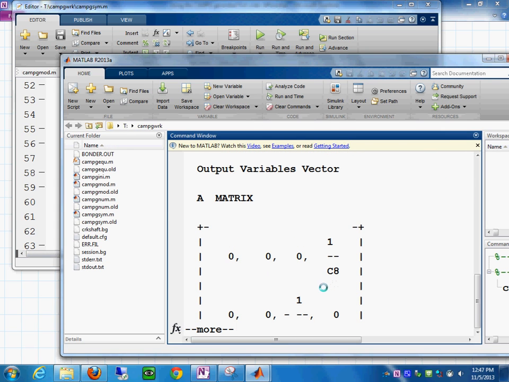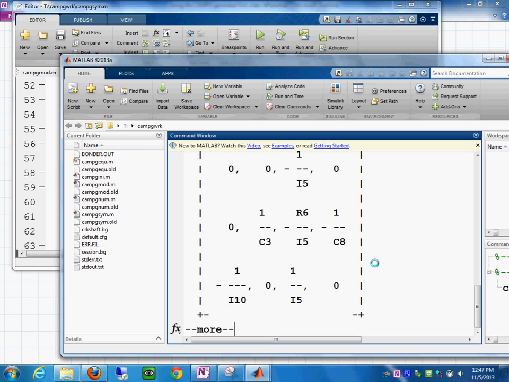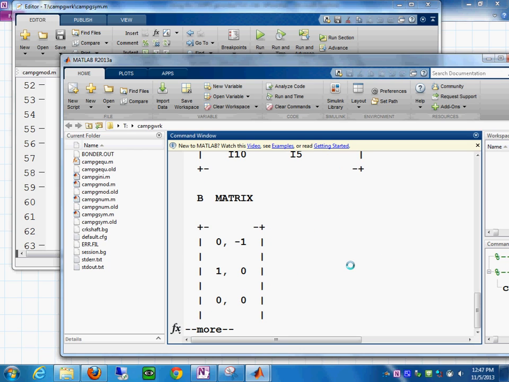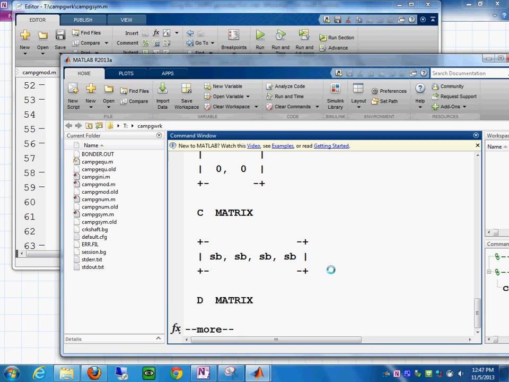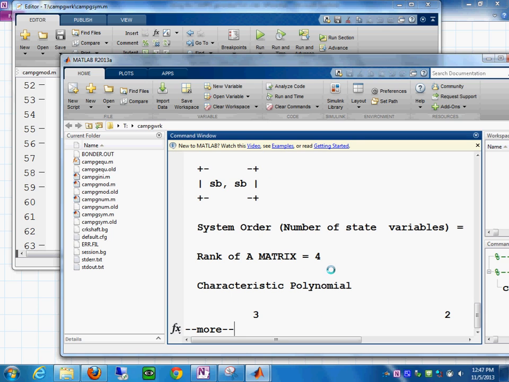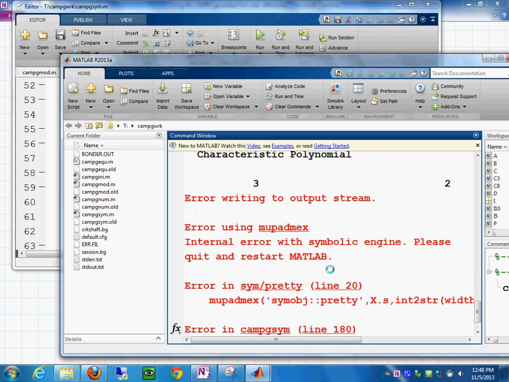As you can see here, it generates the A matrix for the system, and then it will generate the B matrix. As it is, it does not generate the C and the D matrix because it is not using any output yet.